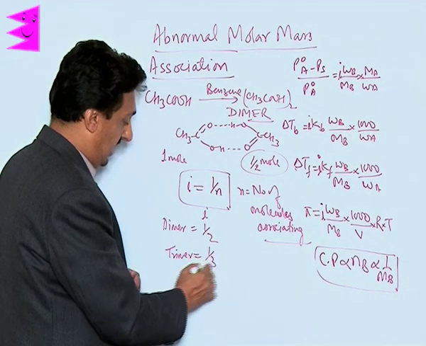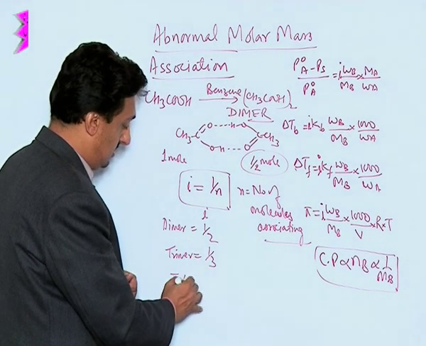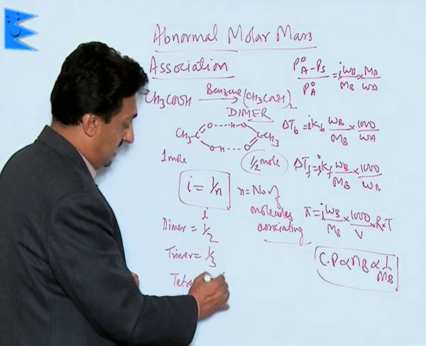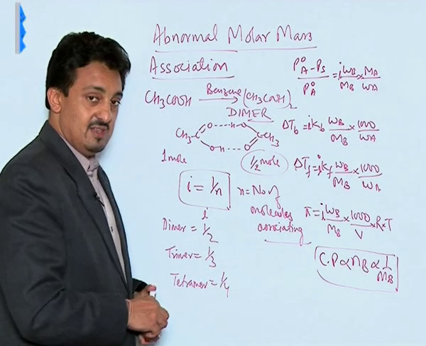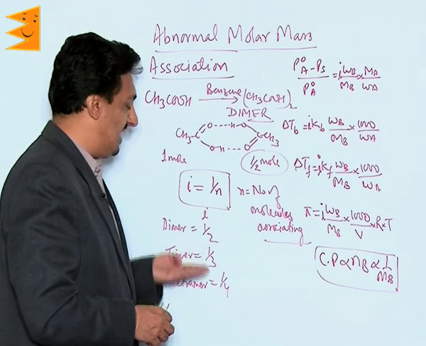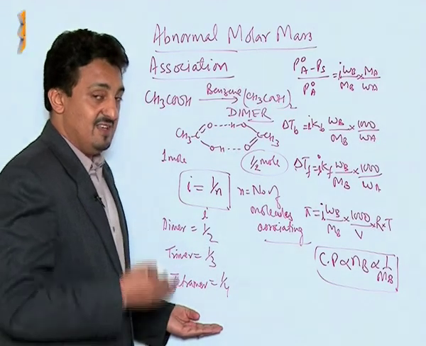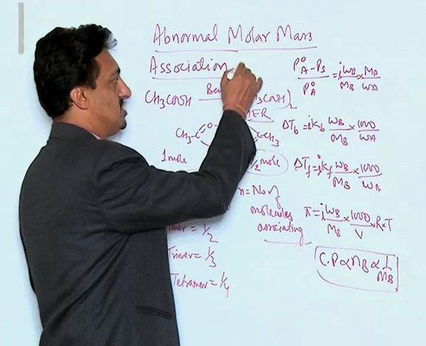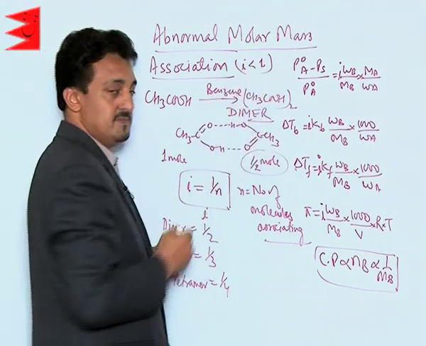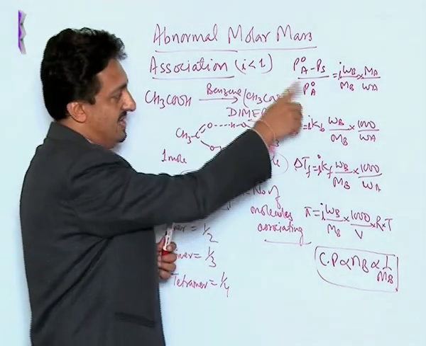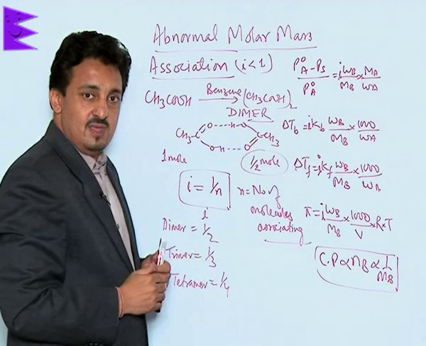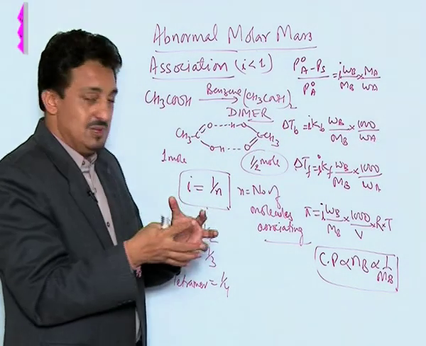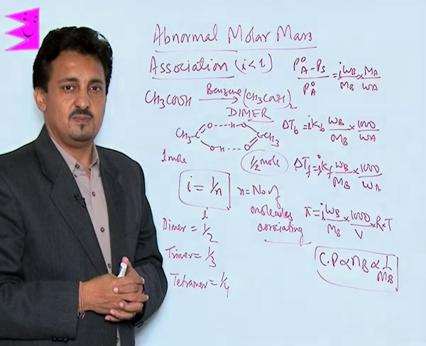In case of a trimer, it will be 1 by 3. And in case of a tetramer formed, it will be 1 by 4. So this is how the i gets changed. And what we find is, since the number of moles of the solute is getting decreased, in association i is always less than 1. So we cannot put the i as 1, it will be less than 1. And it depends on how many molecules of the solute are associating.